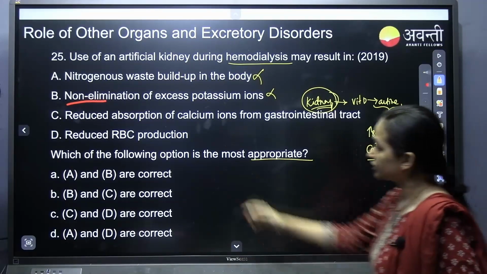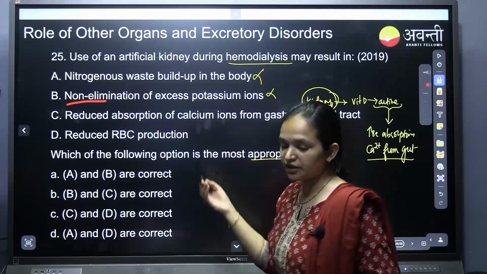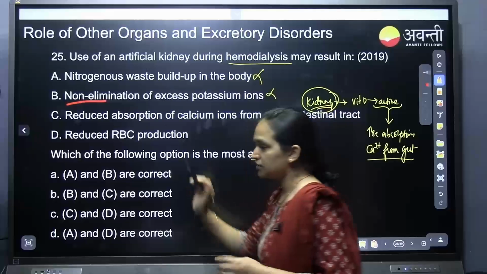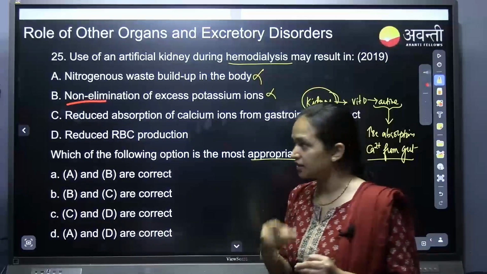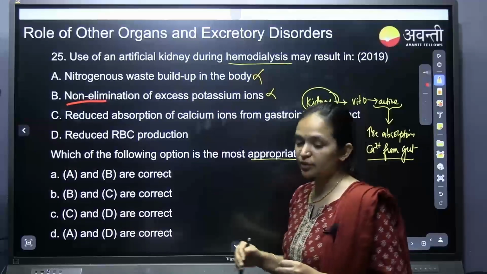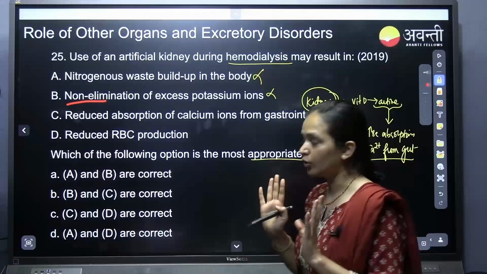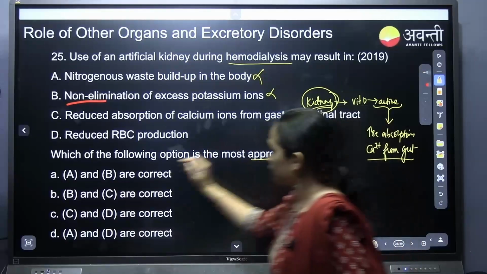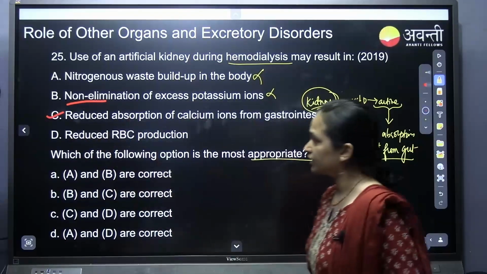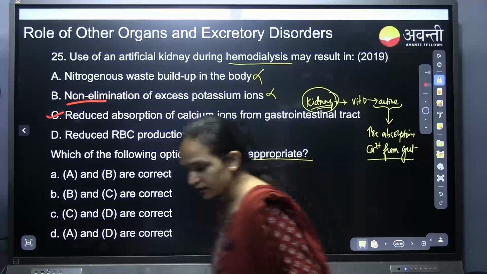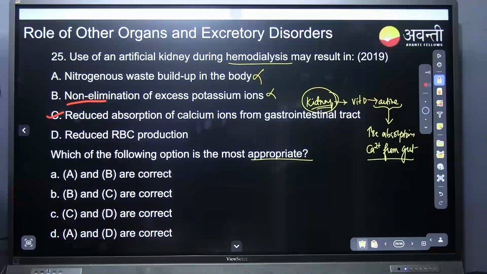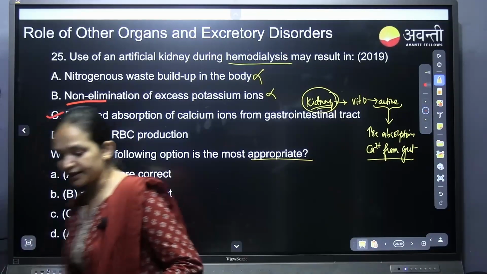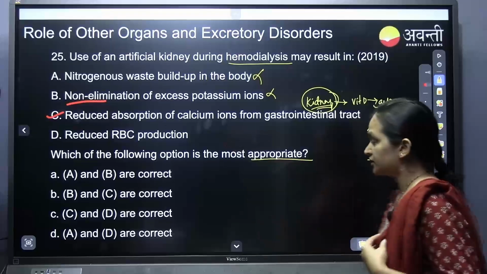An artificial kidney is only removing the nitrogenous waste and other ions like potassium ions from the body. It is not doing any kind of hormonal things. Reduced absorption of calcium ions from the gastrointestinal tract, yes, because this is the artificial kidney. It doesn't secrete any hormone, which means this is correct.